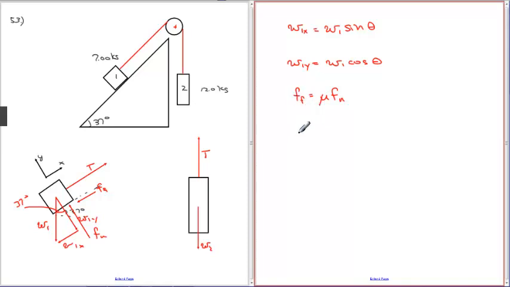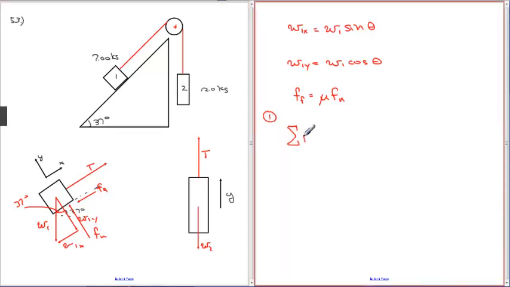What else do we know? Well, let's do the sum of the forces. Let's define positive coordinates here in this direction. I could have chosen the other direction, but I'm choosing positive y here. Positive x is this way, positive y is that way. So we're going to do the sum of the forces for object 1.